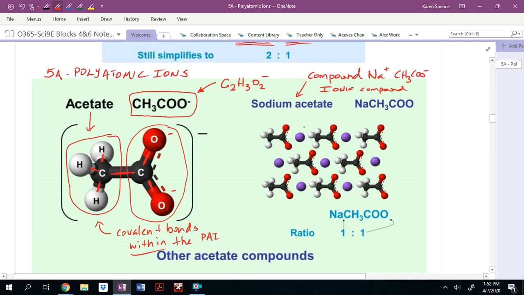What kind of bonds do we have in between, so just in between the sodium ions, which are those purple ones, and the acetate ions? Okay, the question is, what kind of bonds do we have in between? All these little yellow highlighty bits are showing our bonds here.